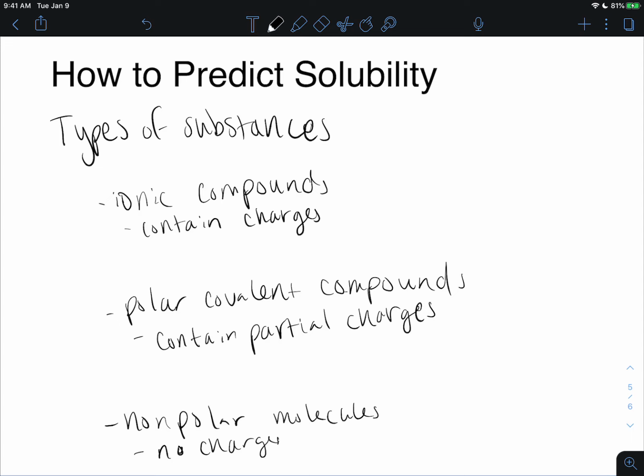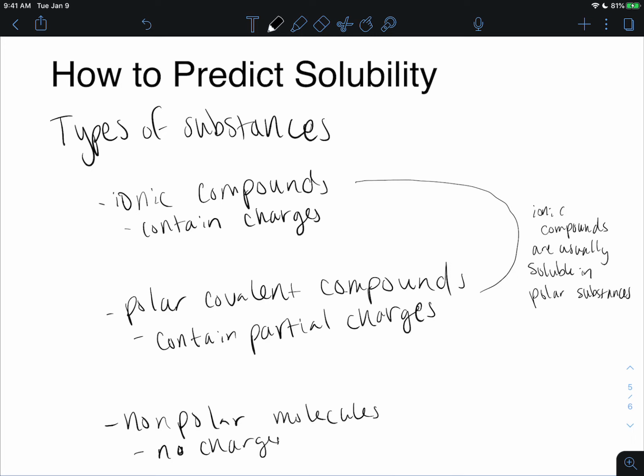As a consequence, looking at it from an electrostatic potential energy, our ionic compounds will dissolve in polar compounds. So ionic compounds are usually soluble in polar substances.